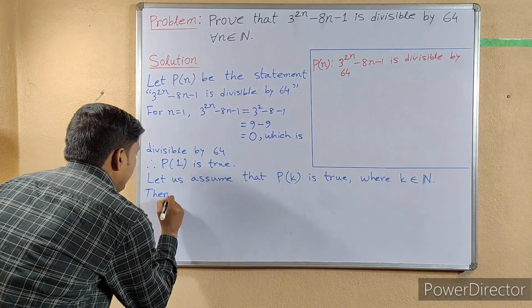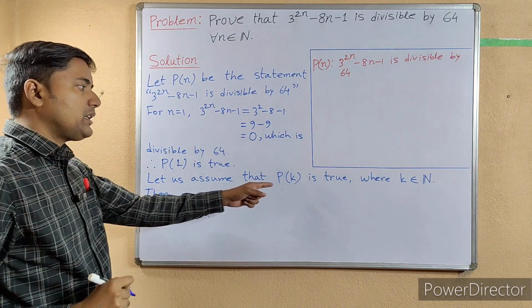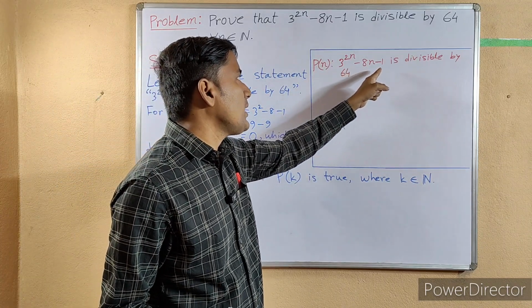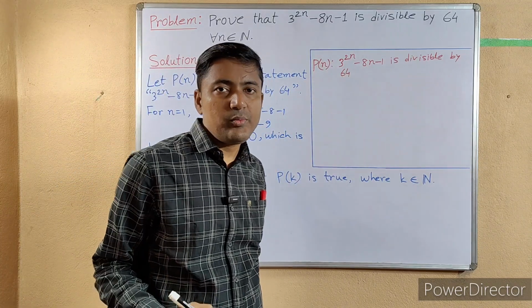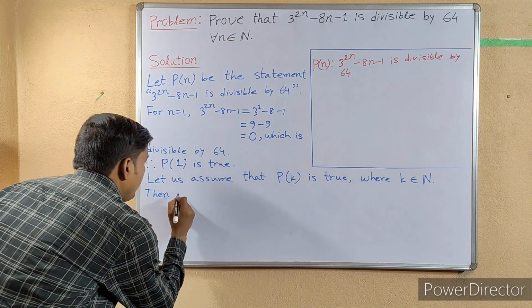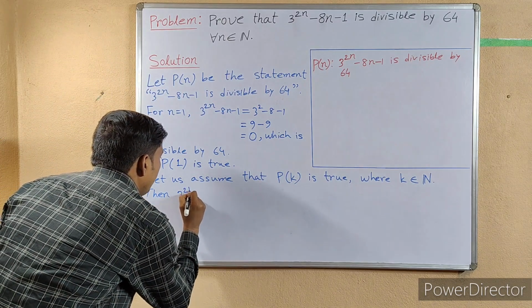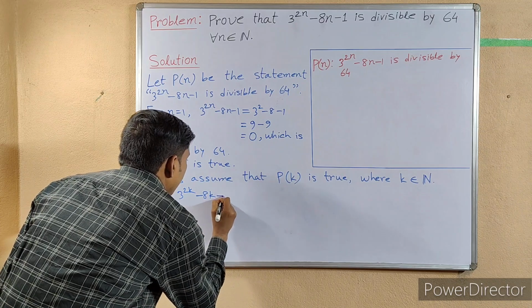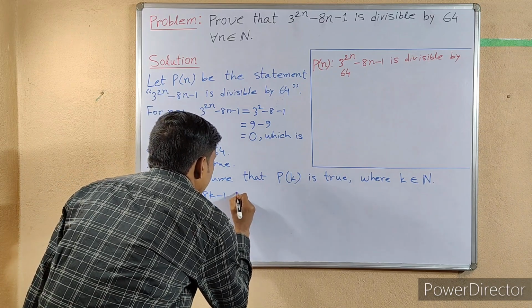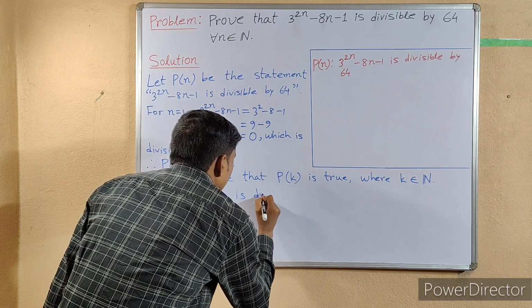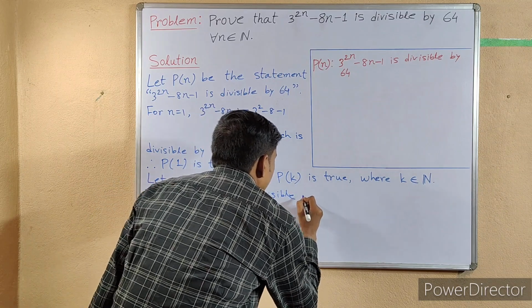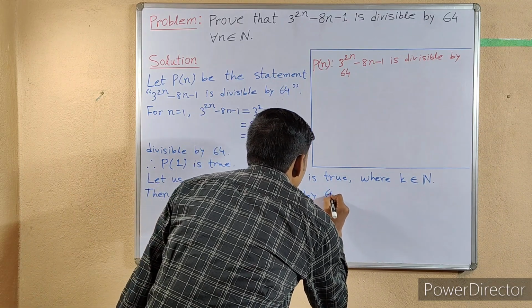Then Pk is true means 3 to the power 2k minus 8k minus 1 is divisible by 64. So we have 3 to the power 2k minus 8k minus 1 is divisible by 64.